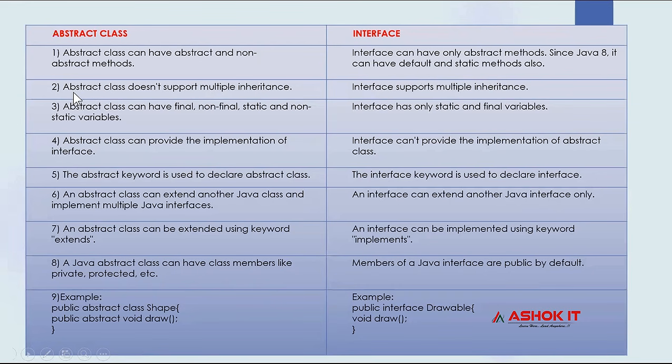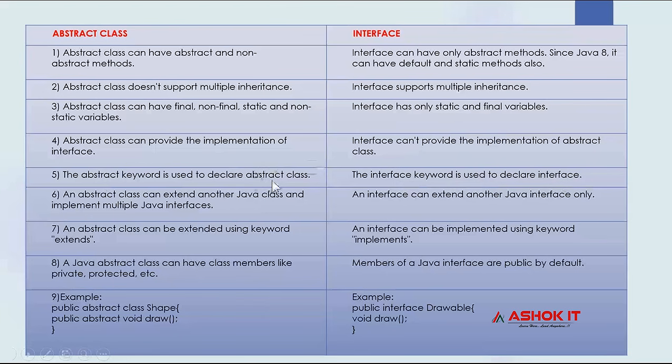An abstract class does not support multiple inheritance, whereas multiple inheritance in Java is supported using interfaces. An abstract class can have final, non-final, static, and non-static variables, whereas an interface has only static and final variables. An abstract class can provide an implementation of an interface, and an interface can't provide the implementation of an abstract class. The abstract keyword is used to declare an abstract class, whereas the interface keyword is used to declare an interface.